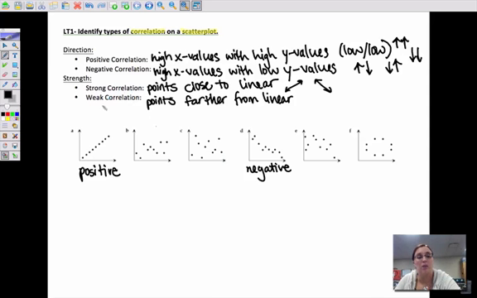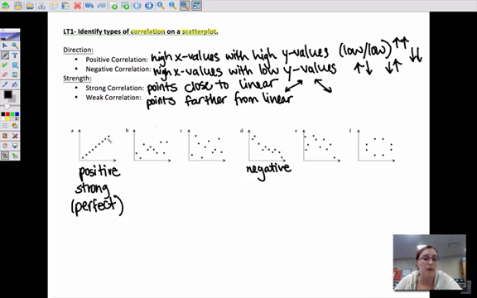And then there's also one more scenario that we didn't talk about, but I'll add that in at the end. For example, when I look at A, these are perfectly linear, and we would say that they are strong, or we could also say actually perfect. In this case, this is actually not a scatter plot, this is just a line, but it's still a good example.